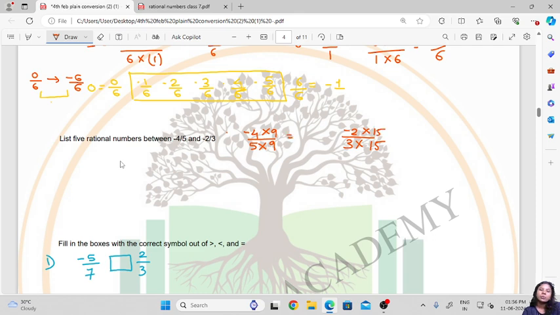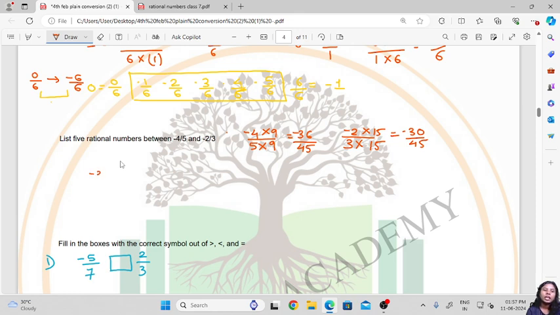So here we'll get what? 36 upon 45, and here we'll get 30 upon 45, minus 30, minus 36. Now you have to write all the numbers that come between these two numbers.